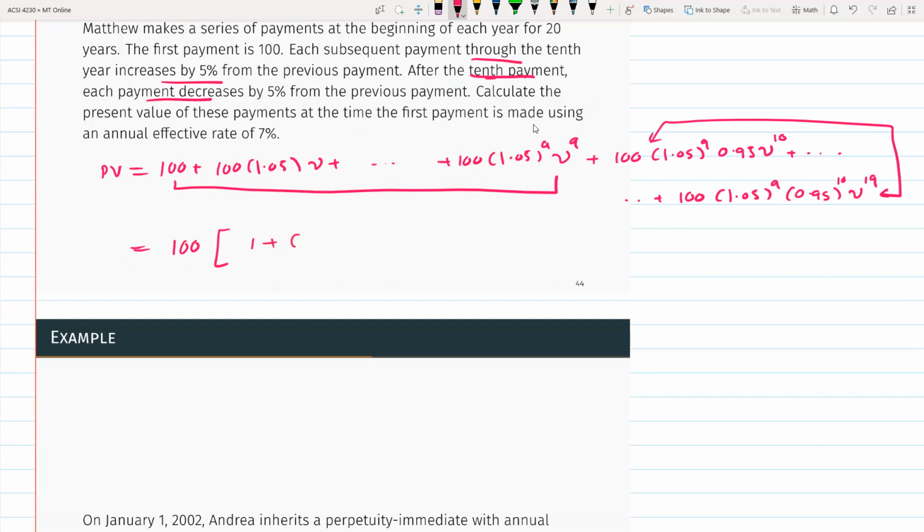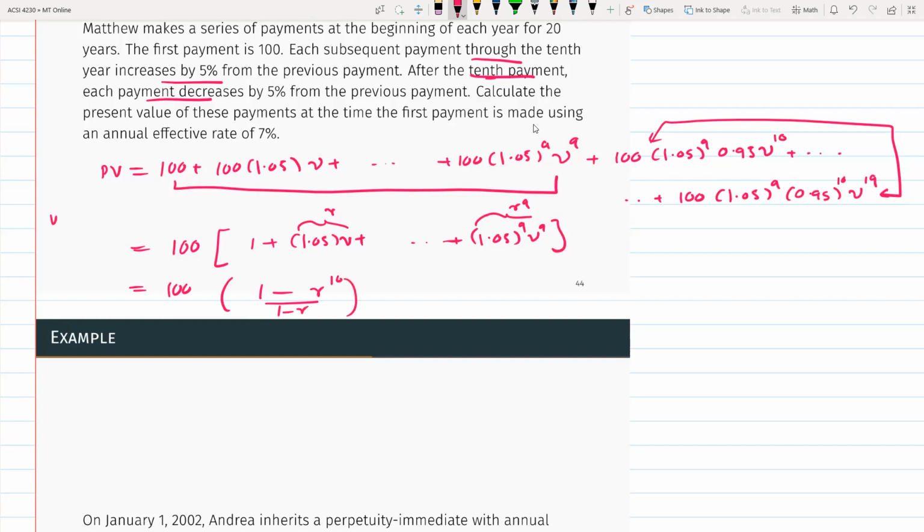Then I have 1 plus 1.05v, up to 1.05 to the 9, v to the 9. This one is easy. If you consider this as your r, then this is a geometric progression. So basically it's going to be 100 times 1 minus r to the 10 over 1 minus r, where r is 1.05 times v.